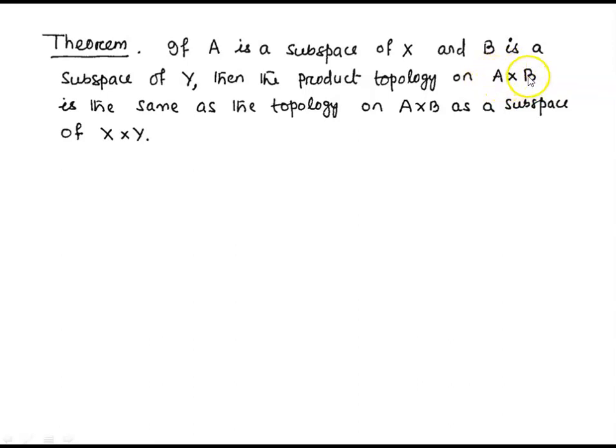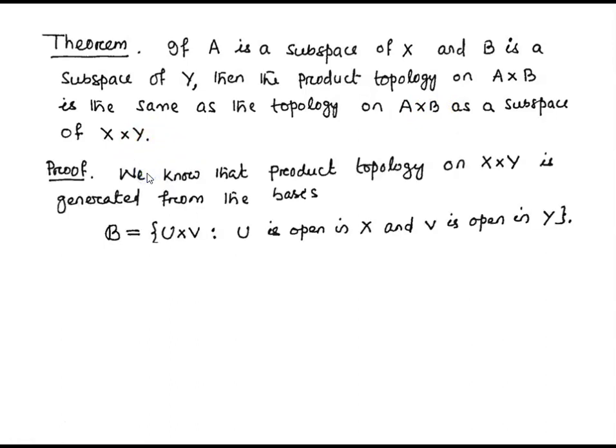But if we consider this A cross B as a subset of X cross Y, then we can find a subspace topology on A cross B. So two types of topologies are here: the product topology on A cross B and the subspace topology on A cross B as a subspace of X cross Y. This theorem says that these two topologies are the same. Let us prove it.